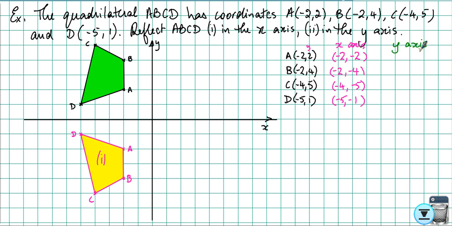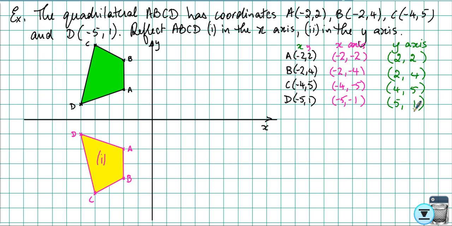So now the rule states that when I reflect a shape in the y-axis, I have to change the sign of the x-coordinate. So I'm going to change the sign of the x-coordinate. So it's going to be from negative to positive. Minus 2 becomes 2. So 2, 2, 2, 4, 4, 5, and 5, 1. I go and plot.